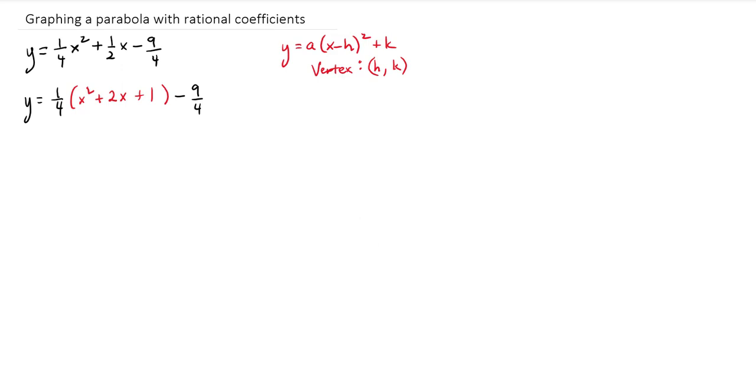Now, we just changed the value of the expression, which is very illegal. So we have to make sure that we do not change the value of this expression. So if you look very carefully, I actually added a 1/4. So to make sure we don't change the value of this expression, we're going to take away 1/4.